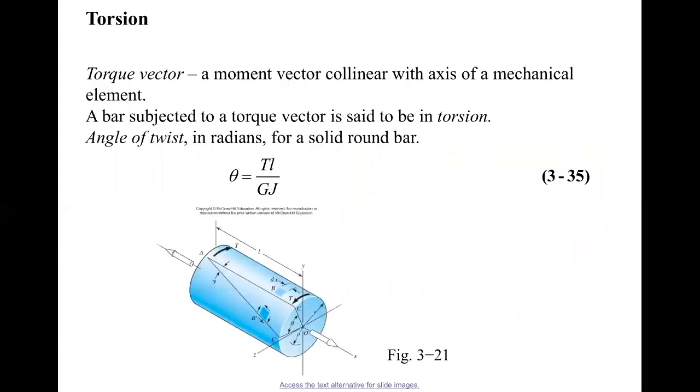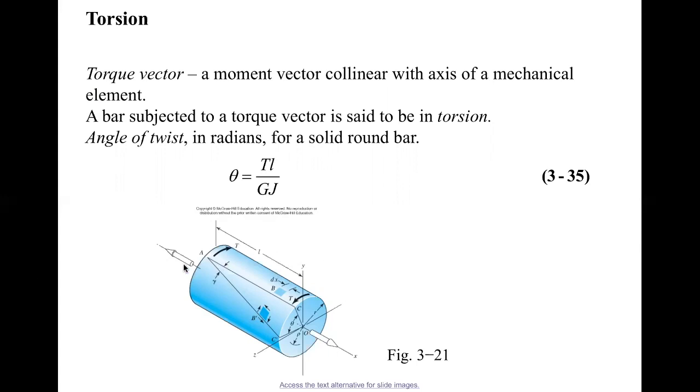Well, another type of loading we call torsion. This is a schematic for torsion. So we have a circular shaft, a circular bar, subject to torque T. On the left-hand side, if you use the right-hand rule, what is the direction of this torque?